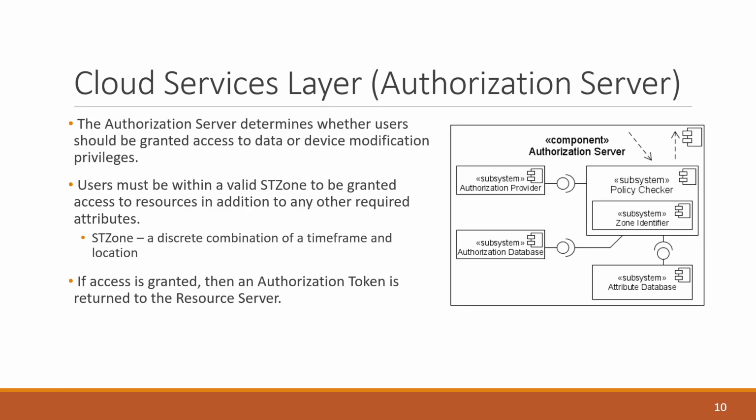So the second layer we want to discuss is the authorization server, or the second half of the cloud services layer. The authorization server determines whether or not users should be granted access to data or device modification privileges.